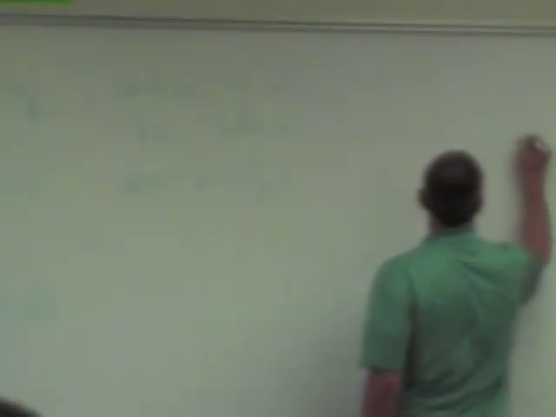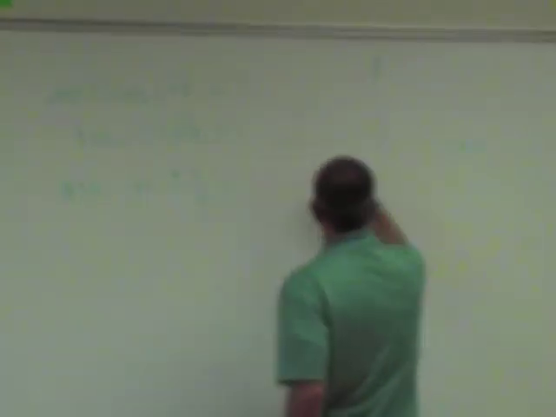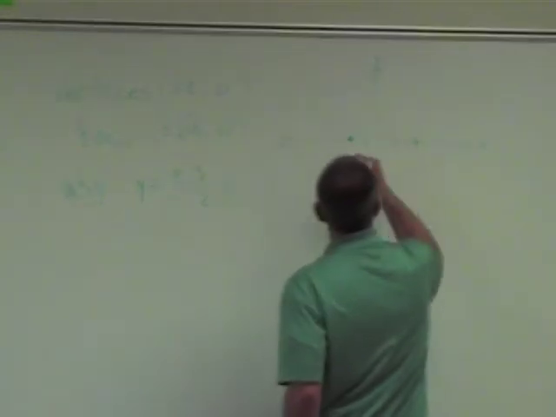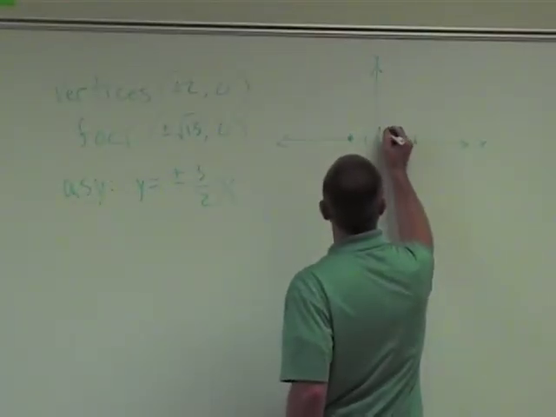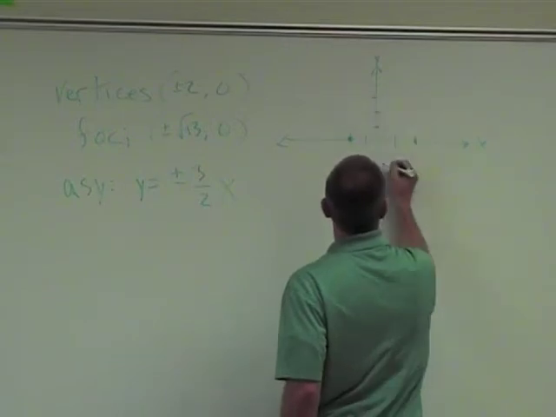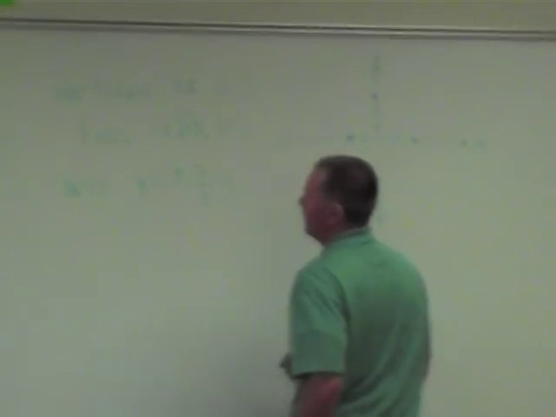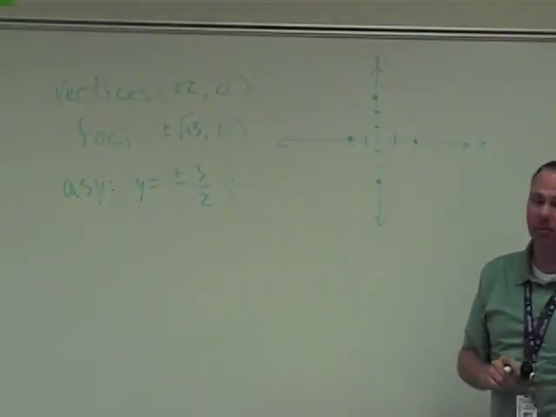Let's write this over here. Vertices at plus or minus 2, 0. B is what? 3? Notice that B is bigger than A. That just means you're going to have a real fat hyperbola.